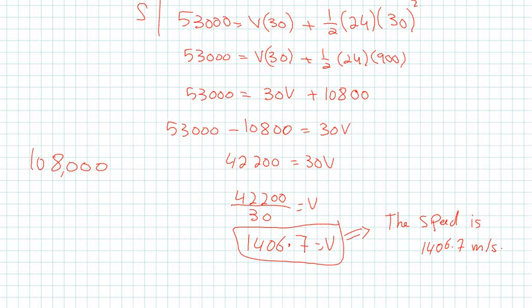This is 10,800. Yes, in my country the upper number is called 1,08,000. 1 lakh. Not million. 1 lakh people. You know? That's what they call the numbers.